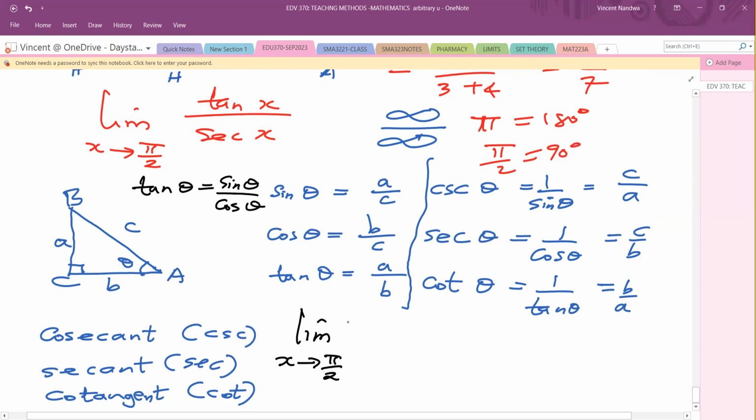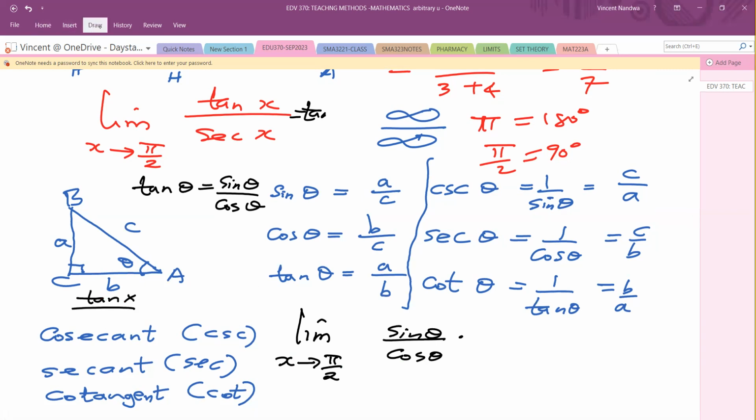Sasa hii tutaandika kama penye kuna tan tunaandika sin theta over cos theta, and then times, you see this inaweza andikwa kama tan x. I'm changing the variable here. So this is just x.